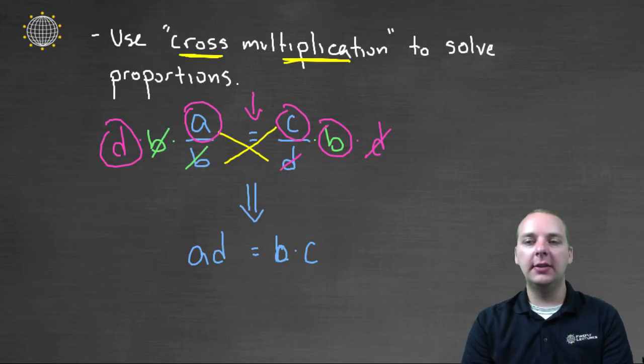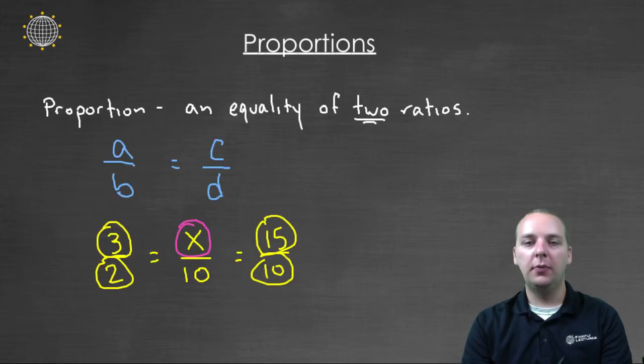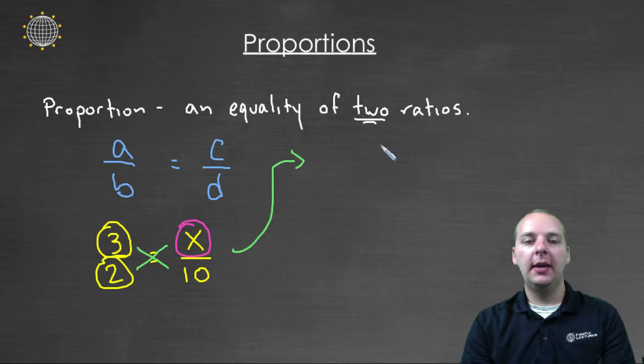And so let's go back to this example here. If we wanted to solve this more systematically, let's erase this here. If we have this ratio 3 over 2 equals x over 10, then what we can do is cross multiply and get 3 times 10 equals 2 times x.